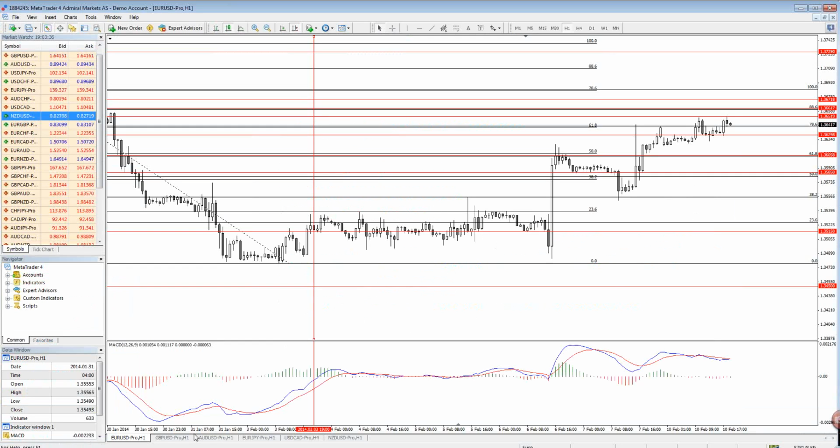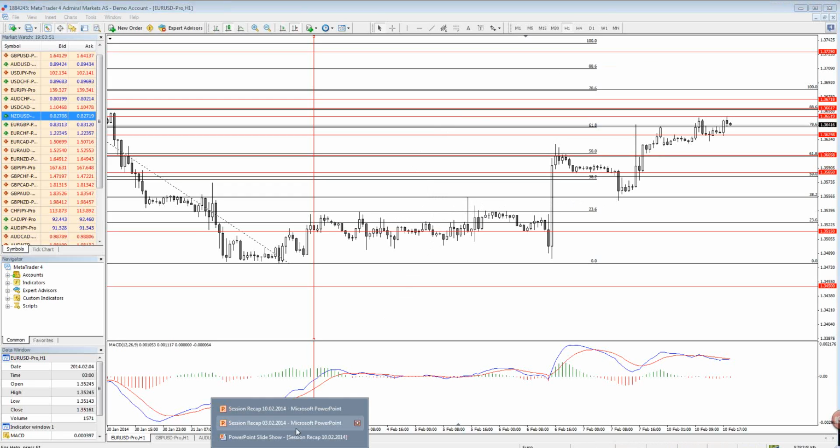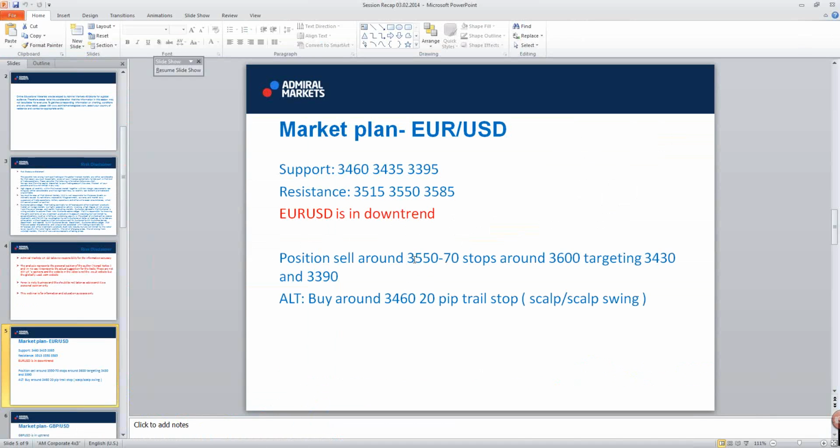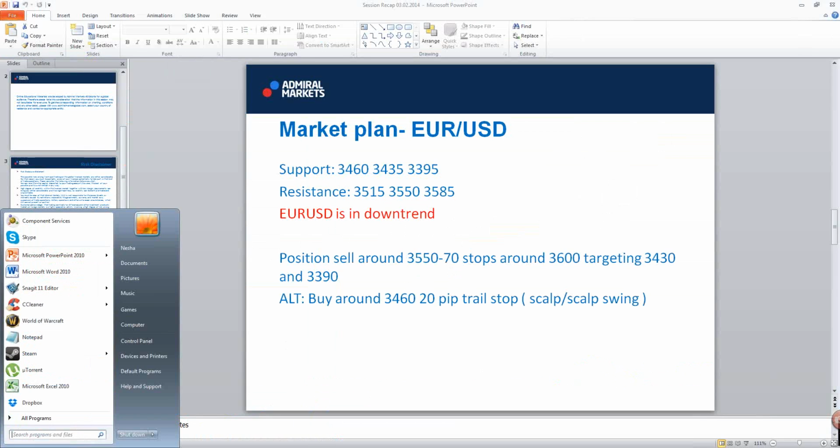Euro Dollar. This was the time of our webinar, and basically what happened, the first trade got in here, 35.50. I was saying sell. Now I don't know what you did, sorry, but basically this was a very strong one at the first attempt, because you look, sell around 35.50 to 70.